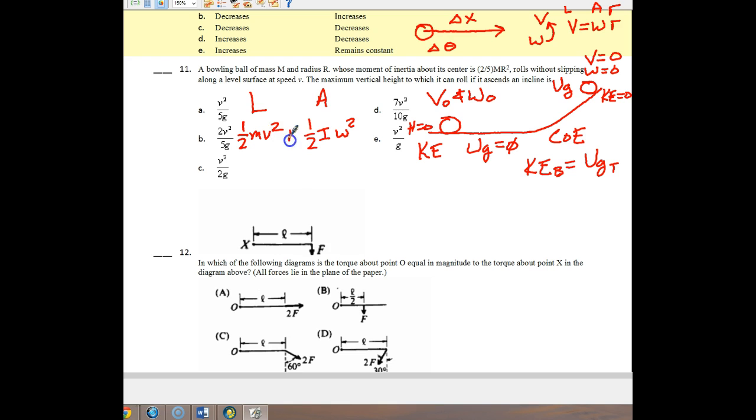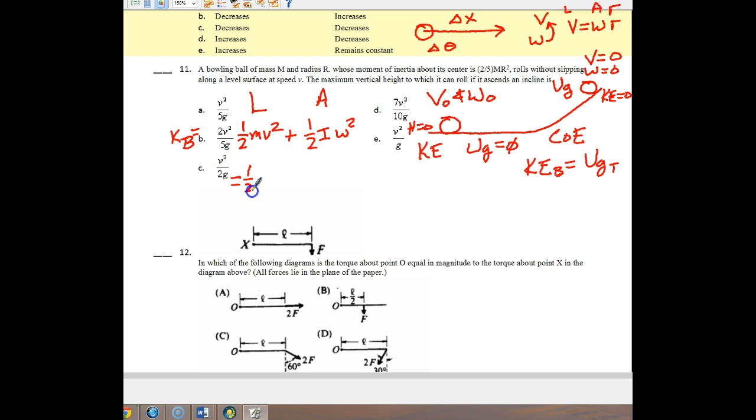So let's go ahead and add these two together, and that will give us our total kinetic energy at the bottom. So we're just going to put KB here for kinetic energy at the bottom. The issue that we have with this is we need to get it into one type of term, so we really want to get it into v, into linear terms instead of angular terms. So let's go ahead and flesh this out.